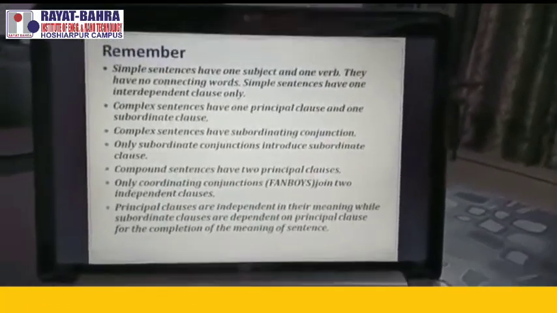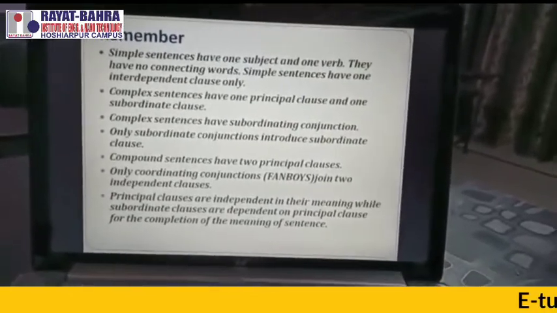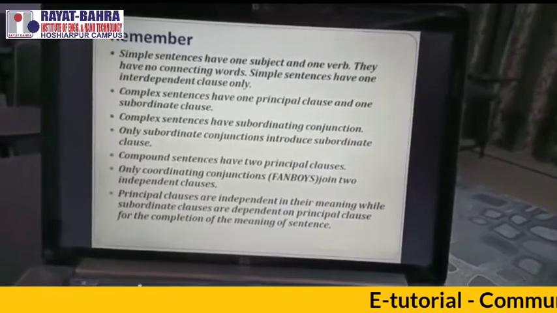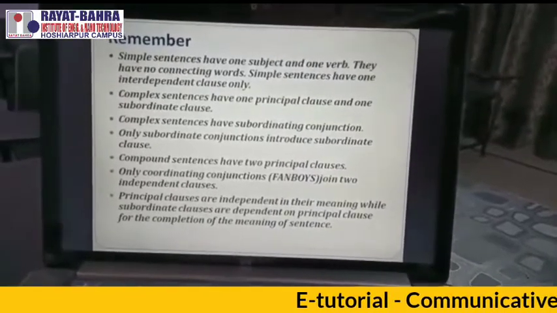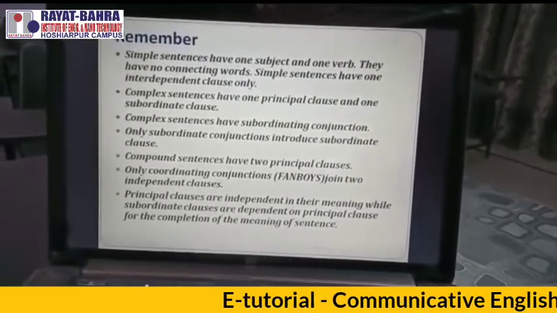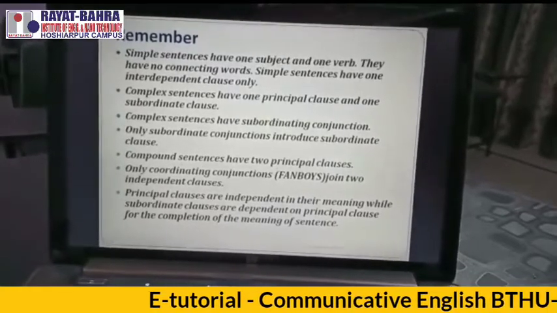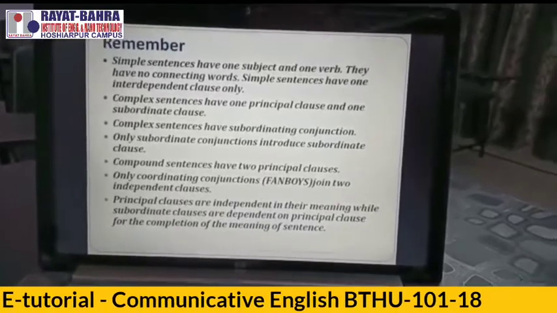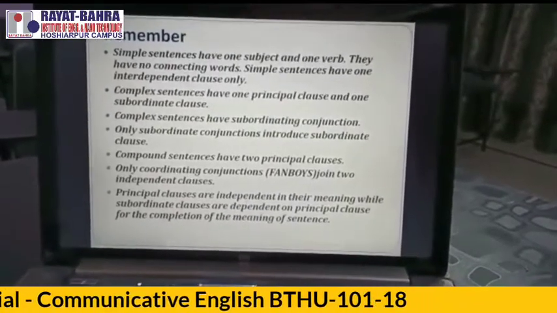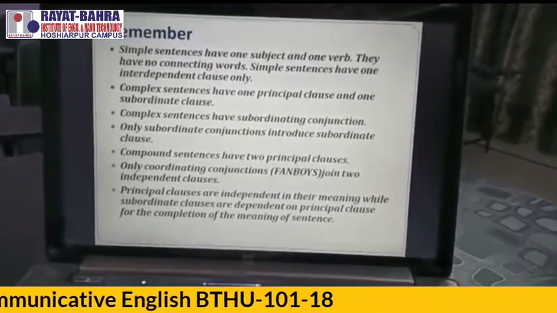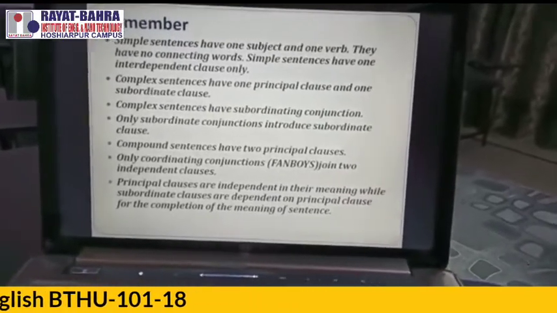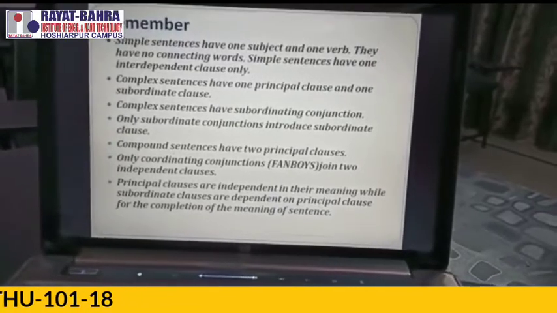Now you have to remember these facts about today's tutorial. Number 1, simple sentences have one subject and one verb. They have no connecting words. Simple sentences have one independent clause only. Number 2, complex sentences have one principal clause and one subordinate clause. Complex sentences have subordinating conjunctions.